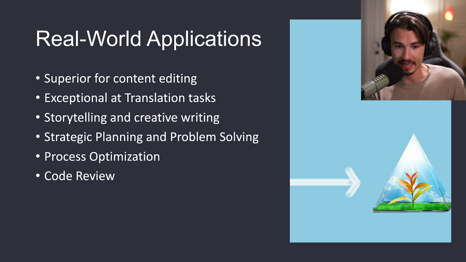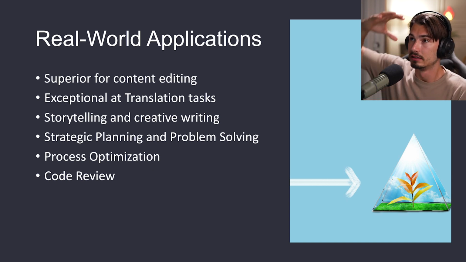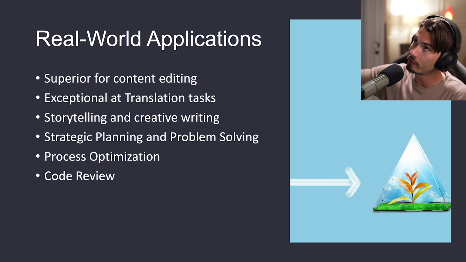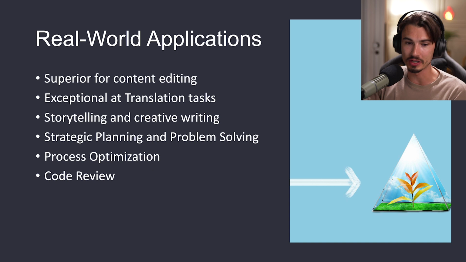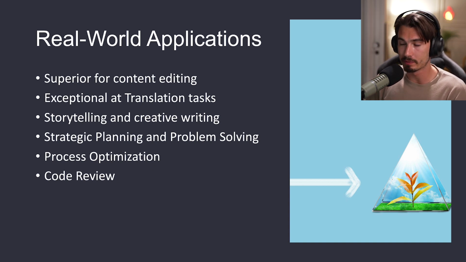Okay, so next up, we have strategic planning and problem solving and process optimization, code review. Okay, so let's look at some examples here. But as you can see, all of these, strategic planning and problem solving or business planning, for example, this is exactly the type of use case where the entire business plan should be considered more in depth, and a certain level of original thought would probably be beneficial when you're trying to create a business plan, rather than just going word by word and coming up with, depending on the last sentence, let's write the next one.